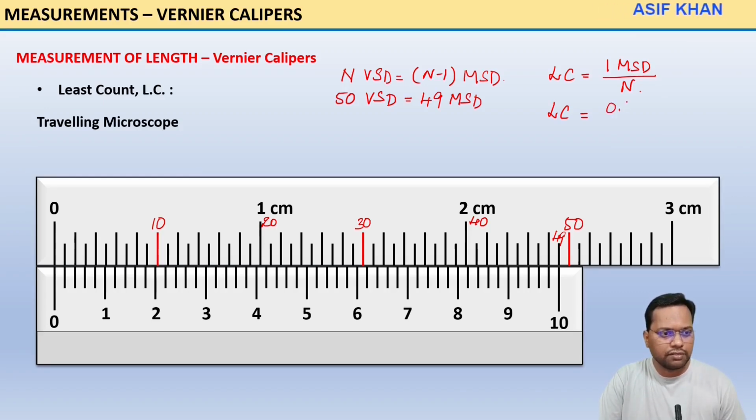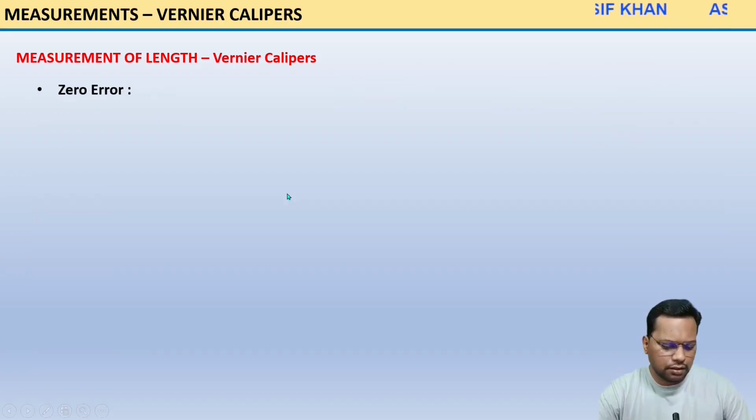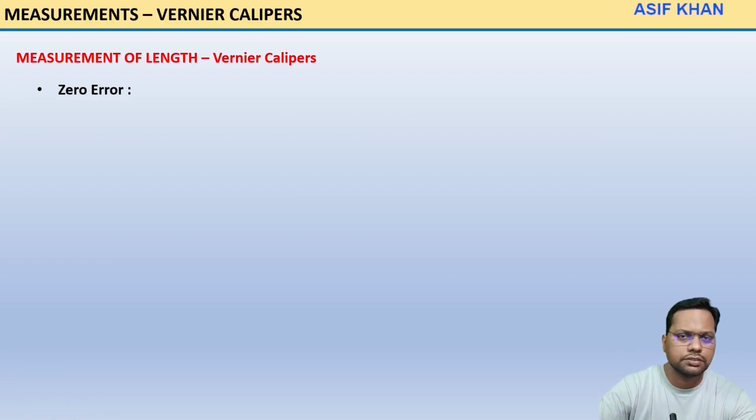Therefore 0.5 is 1 main scale division divided by 50, the 50 divisions on the vernier scale. This is equal to 0.01 millimeter.